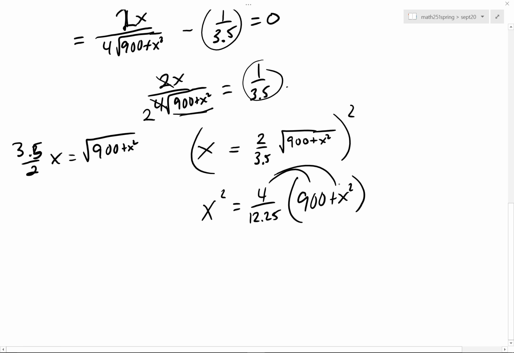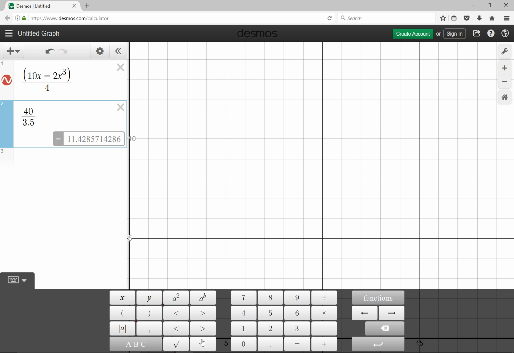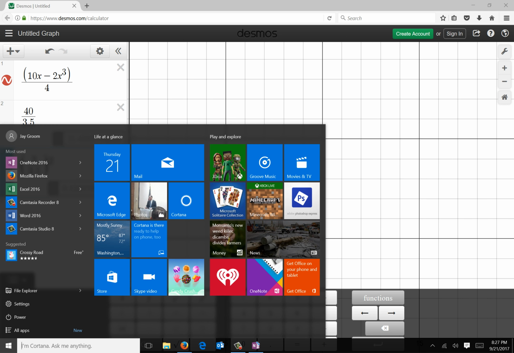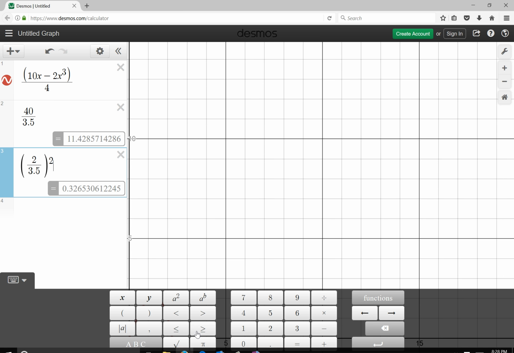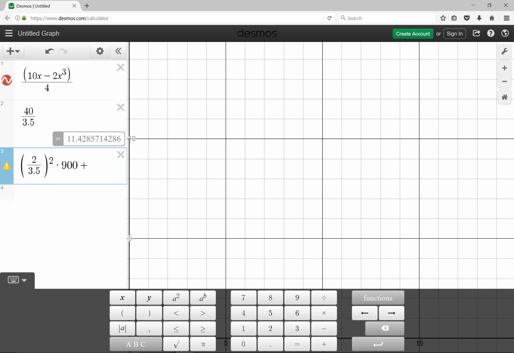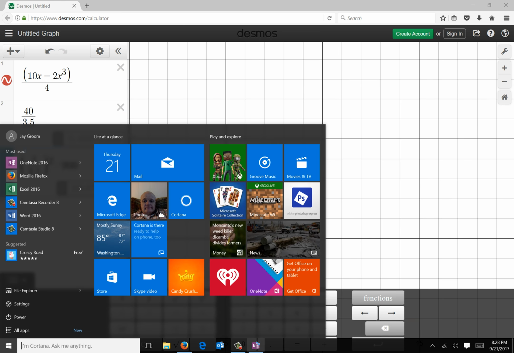Distribute. Now I'm going to get a decimal for that if you don't mind, because I find it a little annoying. So I'm going to get 2 divided by 3.5, 0.326, correct? So I'm going to have 0.326, that's this thing right here, times 900. So times 900. Oops, shoot. So 290, I'm going to call it 294, okay?